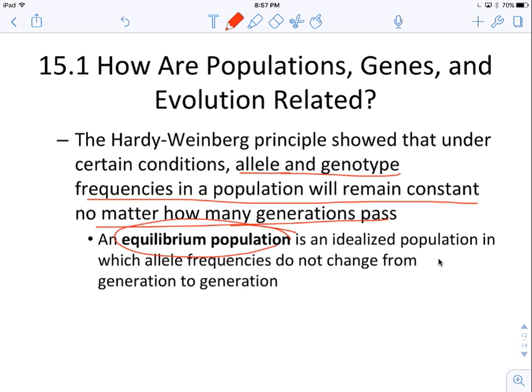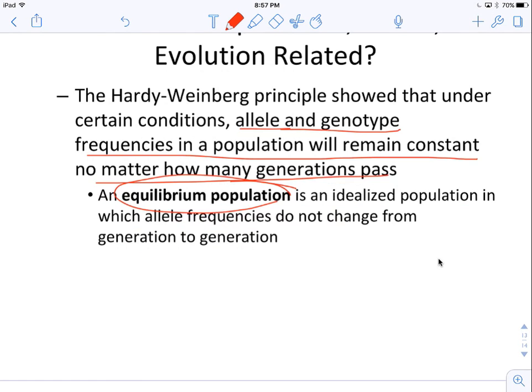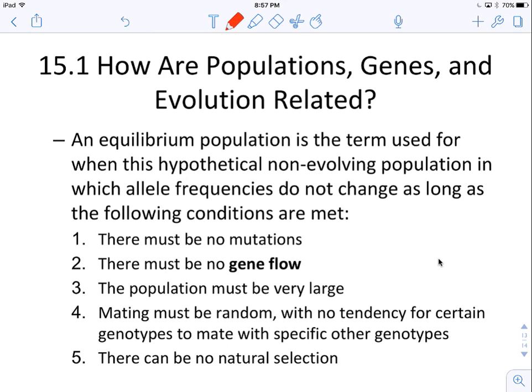This is our equilibrium population, in which the allele frequencies do not change from generation to generation. The equilibrium population is this hypothetical non-evolving population. It doesn't really exist. But in order to establish this, there need to be certain conditions met.